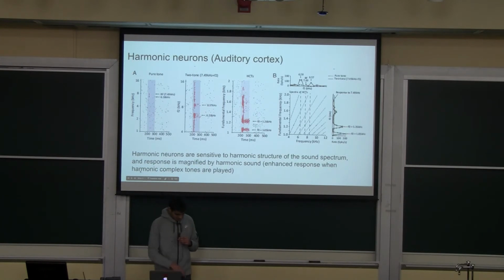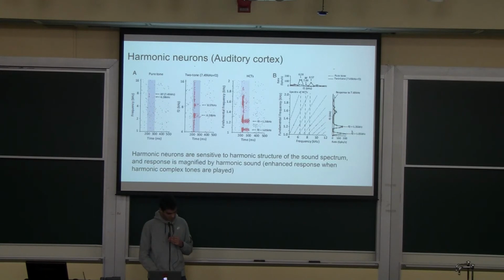The idea here is that, for example, and you should correct me if I say this wrong, at particular parts of the auditory cortex, if you have a particular characteristic frequency here of 7.49 kilohertz, you get an enhanced response at the harmonic neurons.